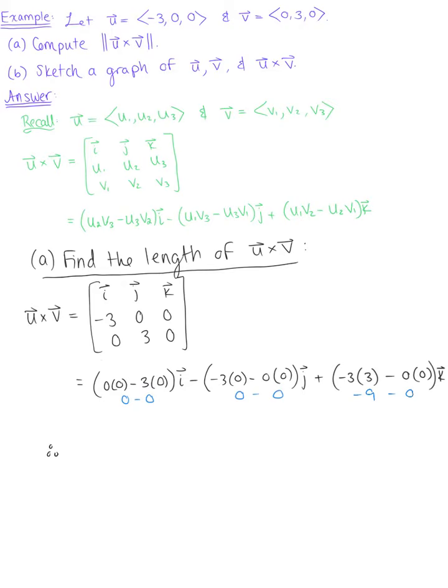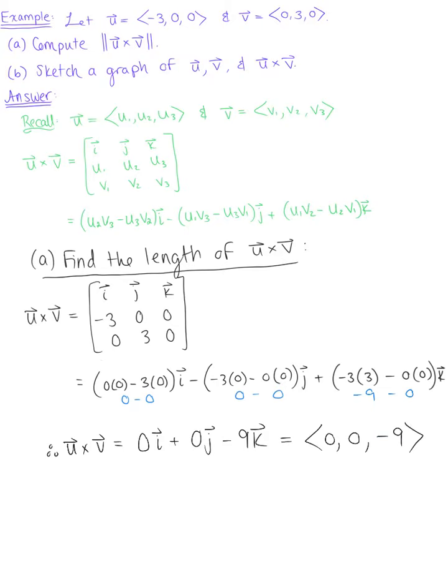And we can say, therefore, the cross product of vector u and vector v has the components 0 i hat plus 0 j hat minus 9 k hat. If we want to convert this to component form, we have 0, 0, -9.